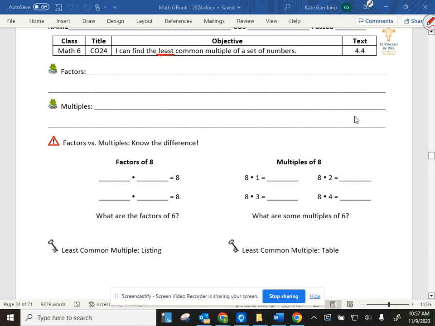So factors, remember, are a number that goes evenly into the given number.